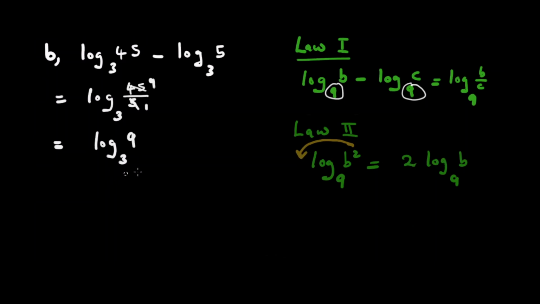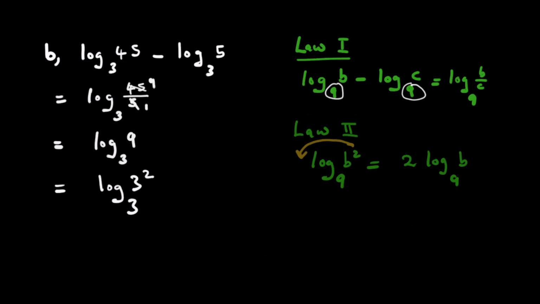Let us apply it here. But before applying it, we need to write this log in such a way that we replace 9 with 3 squared, because 3 squared is equal to 9.